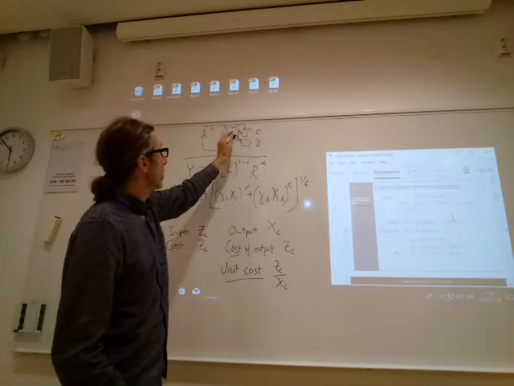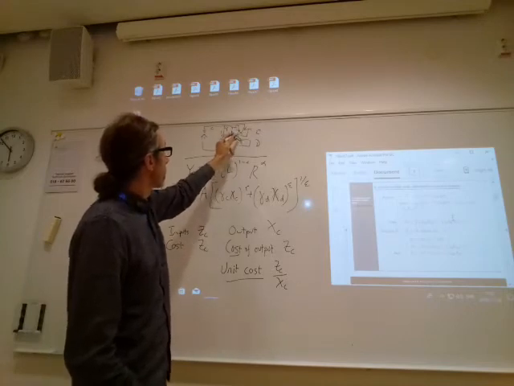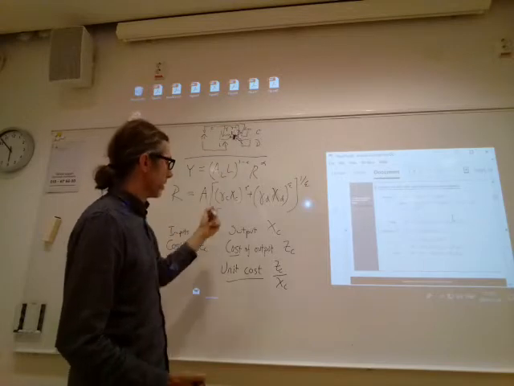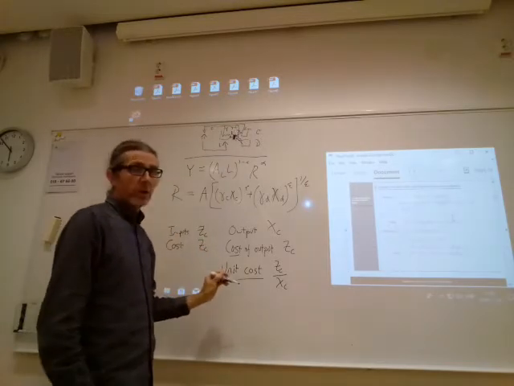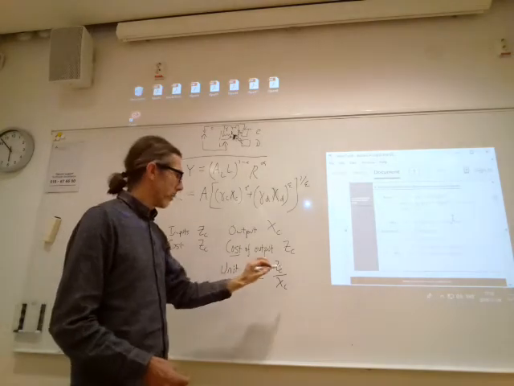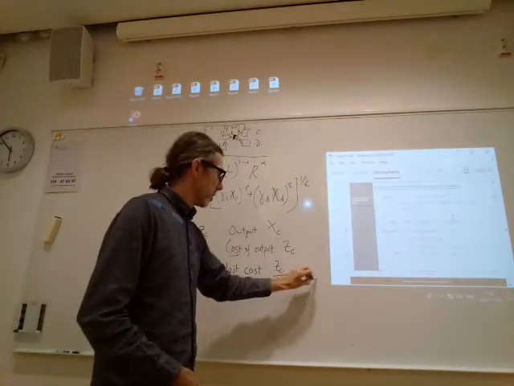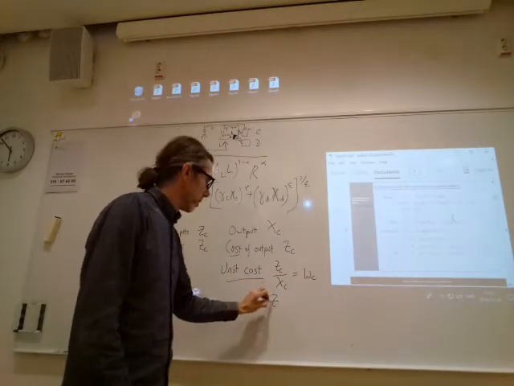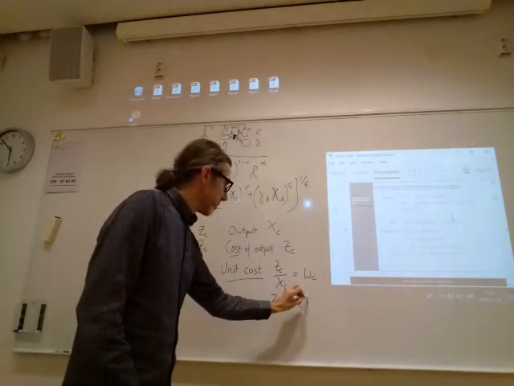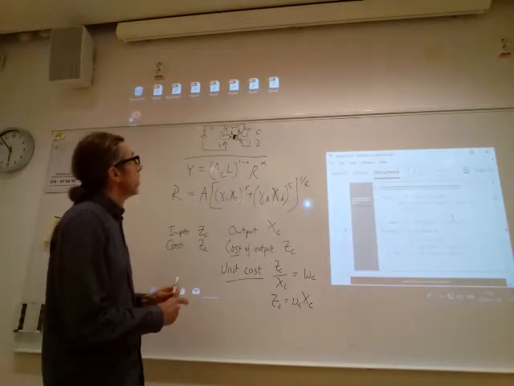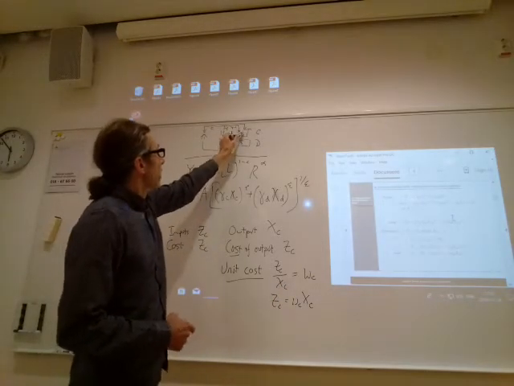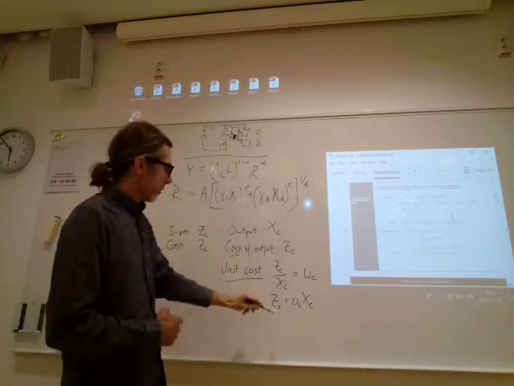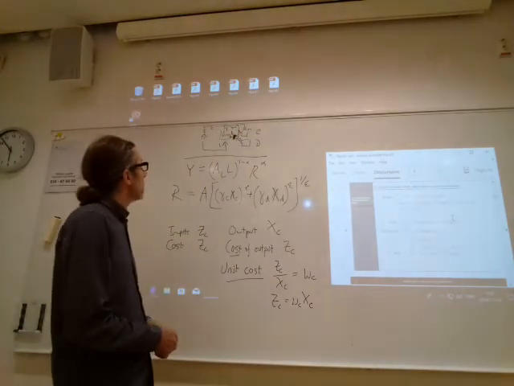And since we're assuming perfect markets, the price charged for this X_C will be equal to unit cost. Okay, and we call that price W_C. So we've got Z_C over X_C equals W_C, or Z_C is W_C X_C. So that's the amount of inputs into this sector, W_C X_C, and Z_D would be W_D X_D.